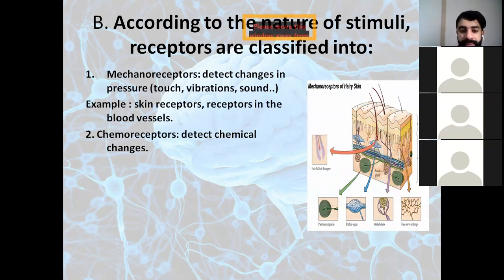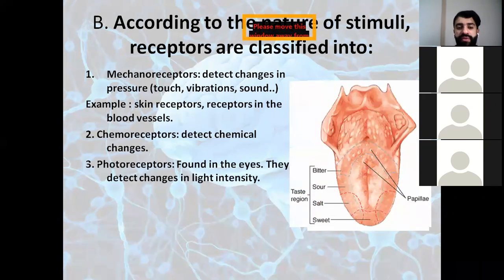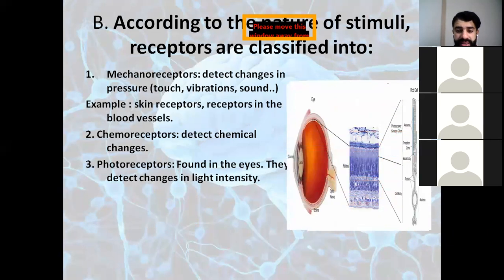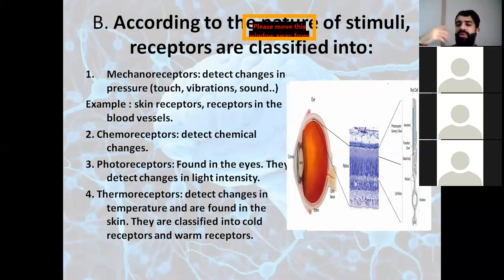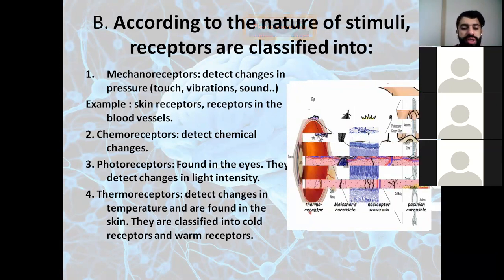They detect chemical changes. And photoreceptors are found in the eyes, and they detect changes in light intensity. And we have thermoreceptors that detect thermal stimulation and changes in temperature. They are usually found in the skin. They are classified as either cold or warm receptors.